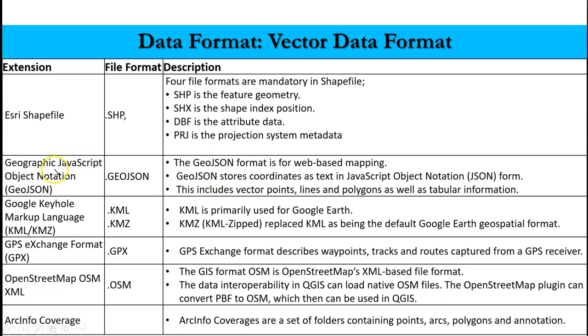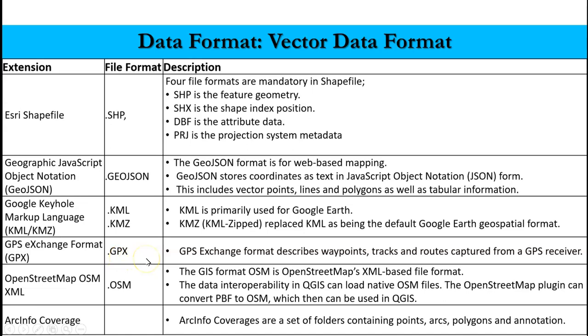Okay, another extension is GeoJSON, which you can use for web-based mapping. Then KML and KMZ, sometimes you can use Google Earth, and you can digitize some objects on Google Earth and import them into a GIS platform. Okay, and .gpx, especially when you collect data using GPS from the ground, it would be in the GPX format.